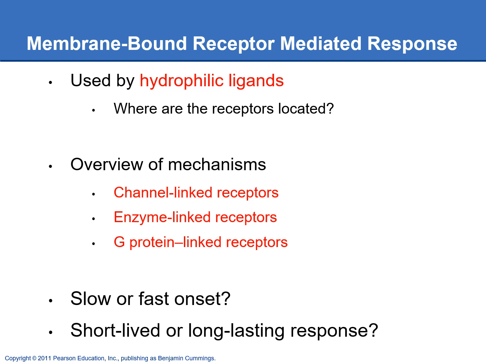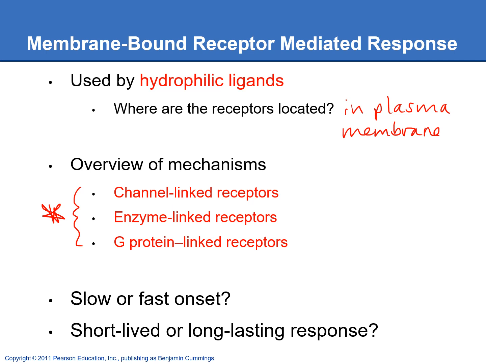So these receptors are going to be located on the cell surface in the plasma membrane. And there are 3 different types of cell surface receptors. So the receptor could be an ion channel, the receptor could be an enzyme, or it could be a G protein linked receptor.